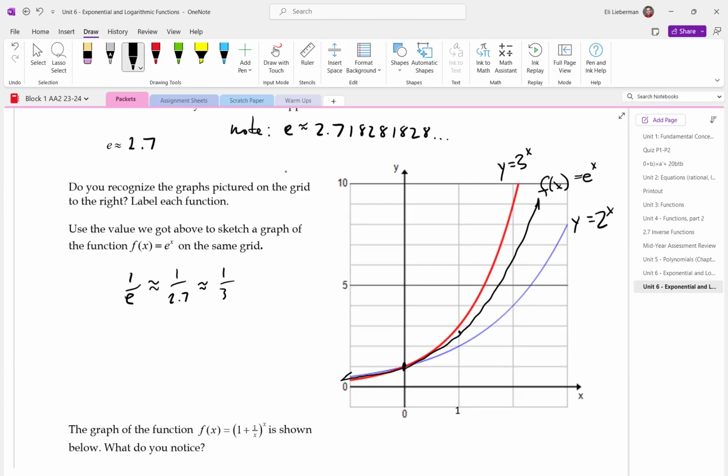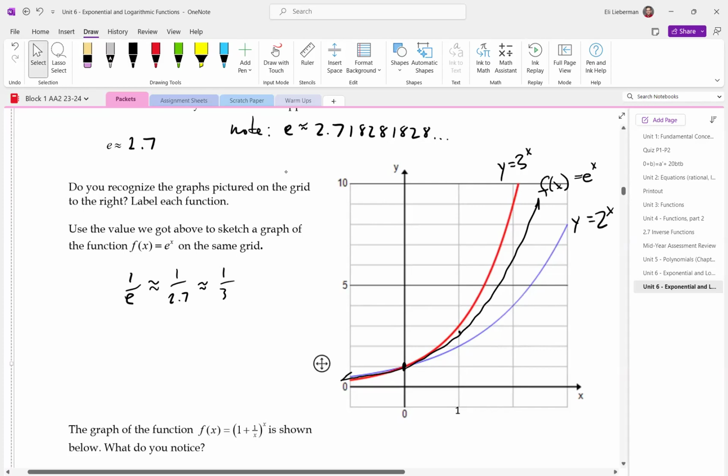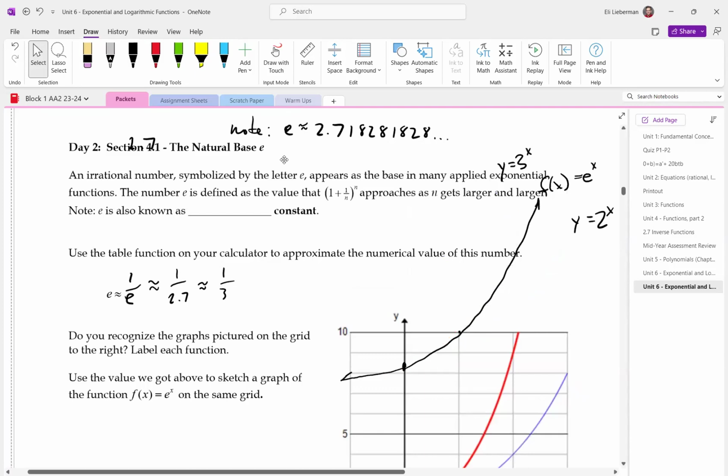Any questions? Wait, but e isn't always 2.7, right? Oh no, it's the limit as that x value gets larger and larger and larger. Reiterate what we have here.